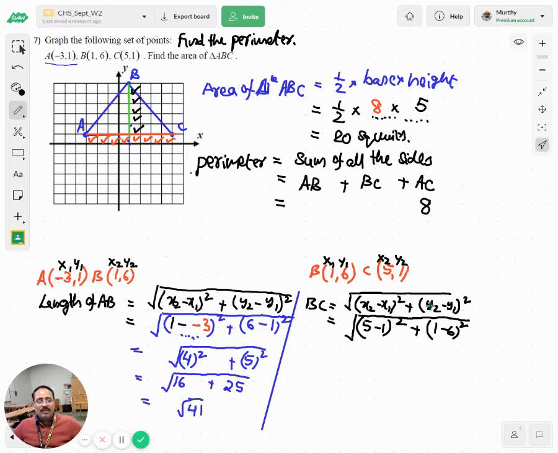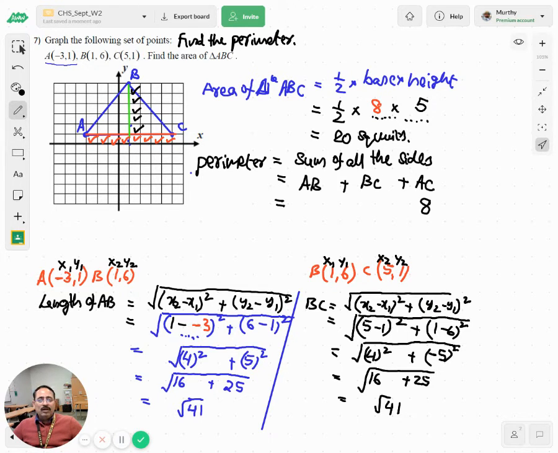So 5 minus 1, that gives me 4 square, 1 minus 6, -5 square. So 4 square, that is 16. -5 square is 25. So this is square root of 41.